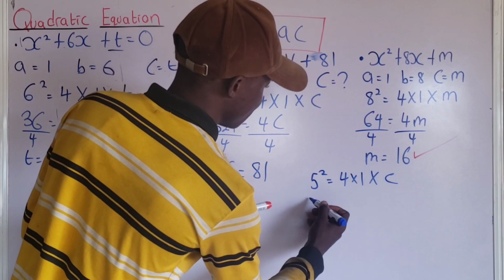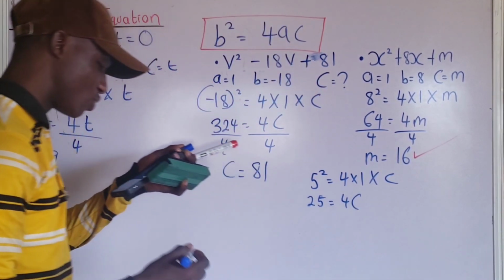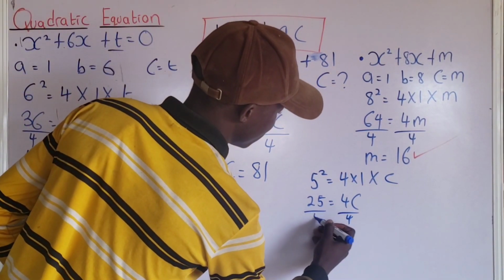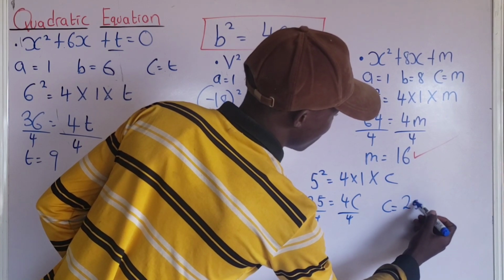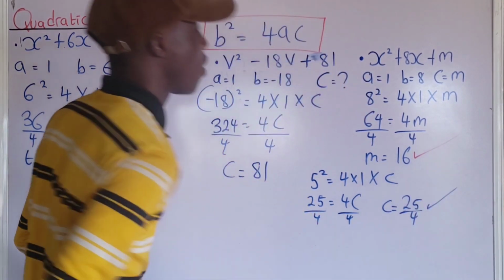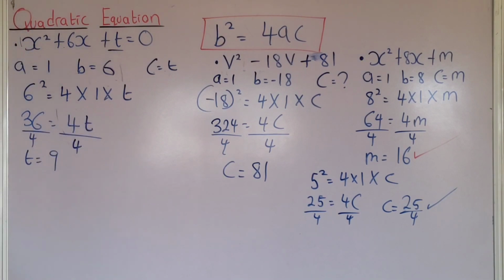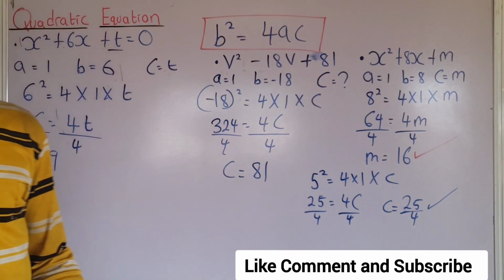So 25 equals 4c. So all you have to do is divide both sides by 4. So c is equal to 25 over 4. So the value that must be added to the quadratic expression x squared plus 5x to be a perfect square is 25 over 4. You can see that it's simple.